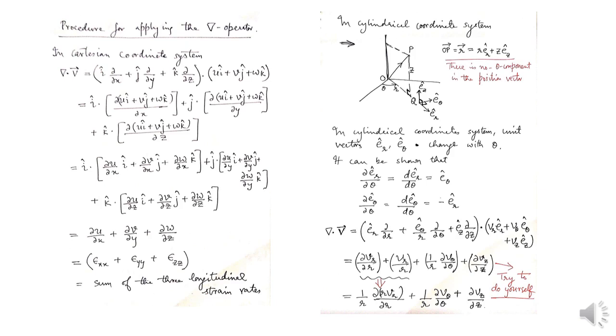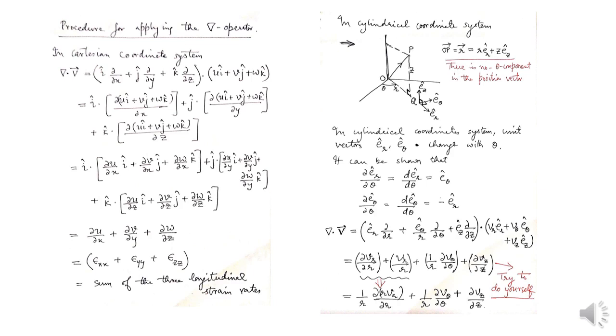So with an increase in theta, you will end up with changes in the unit vectors ER and E theta. If you increase theta, then ER and E theta will change their orientations because of the change in OQ. So in cylindrical coordinate systems, we can safely say that unit vectors ER and E theta change with theta.